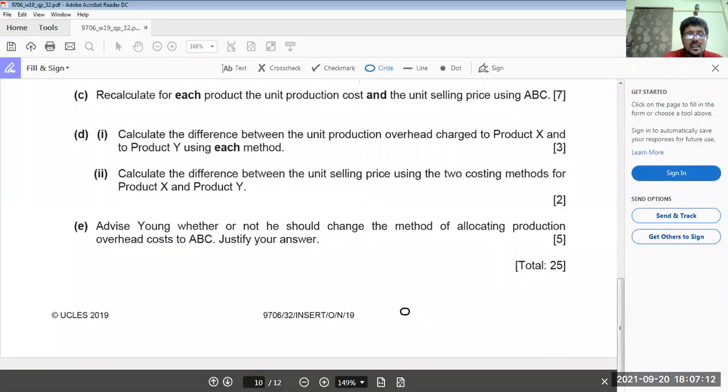Calculate the difference between the unit production overhead charged to product X and product Y using each method.